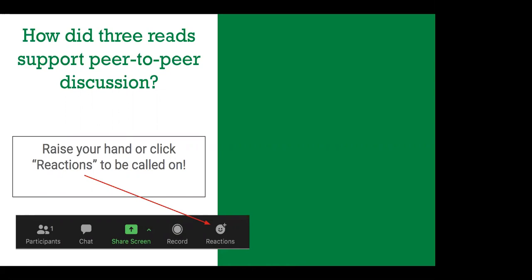How did these three reads support peer-to-peer discussion? It gave us sufficient information to figure out what the problem might be, what the question was. So we were all well prepared, having read the problem beforehand, to be able to actually discuss what the question was.